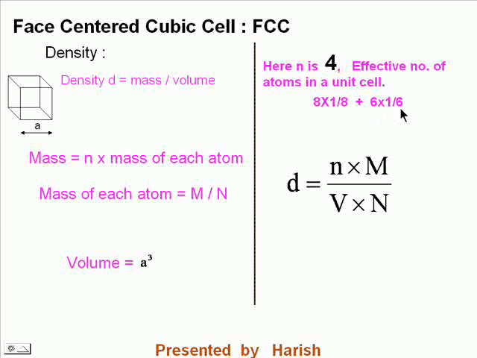That means you have an effective number of atoms of 4, because one sphere at the center of a face is half inside this unit cell and half in the adjacent unit cell. So this should be 6 into 1 by 2. The effective number of atoms is 4. Substitute that value. This is the gram atomic weight of the atom, and this is Avogadro number. This is the volume, which is that of a cube.